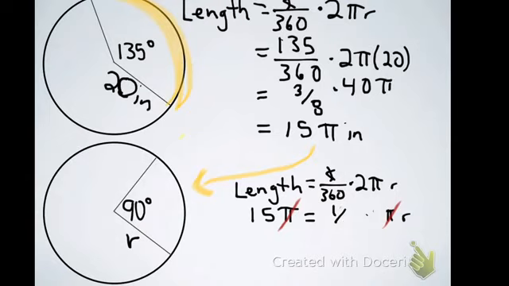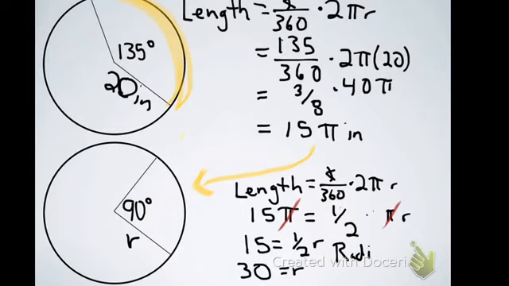So I'm left here with 15 equals 1/2 r. Well, using the reciprocal, or multiplying both sides by 2, I get 30 equals r, which tells me that in order to have the same arc length of 15 pi, my other circle needs to have a radius of 30 inches.